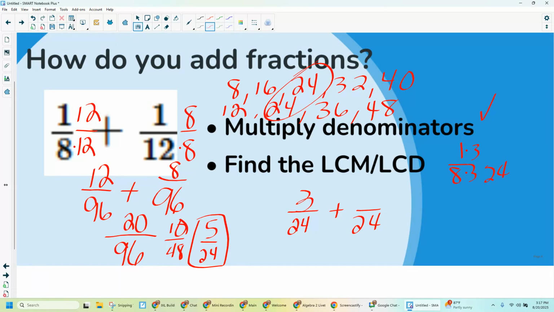Well, multiplied it by 2, so 1 times 2 would give me a numerator of 2. And now I can add straight across, 3 plus 2, to get 5 over 24. So that is another way that you can add those fractions when they have different denominators.